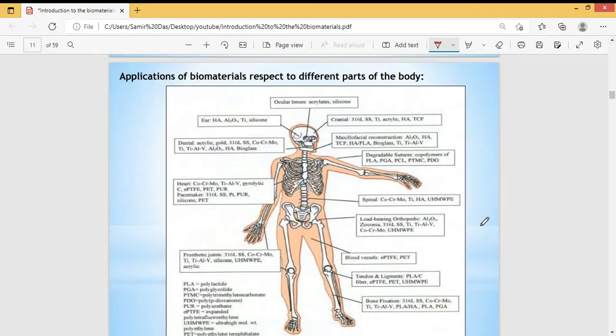Now comes the application of biomaterials with respect to different parts of the body. Different parts of the body need different mechanical strength, different structural morphology, different tissue characterization, and different kinds of elasticity as well.